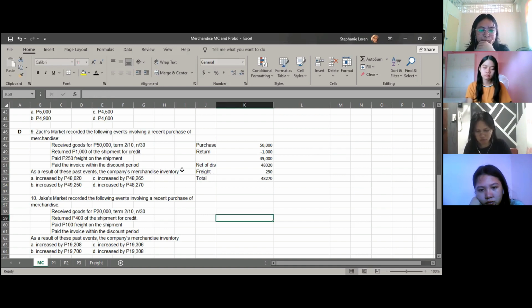Ayun. So letter D, meron kang increase ng 48,270.